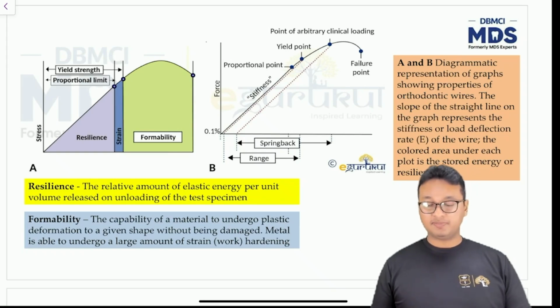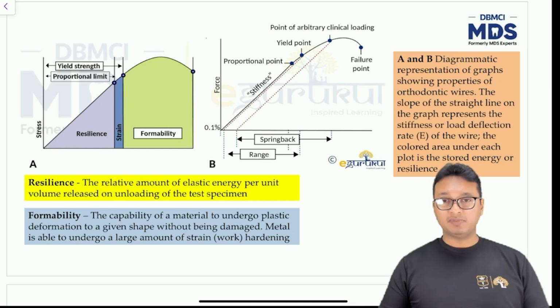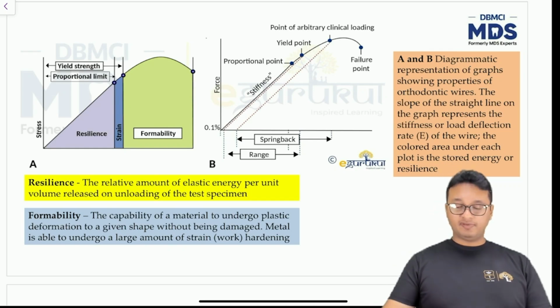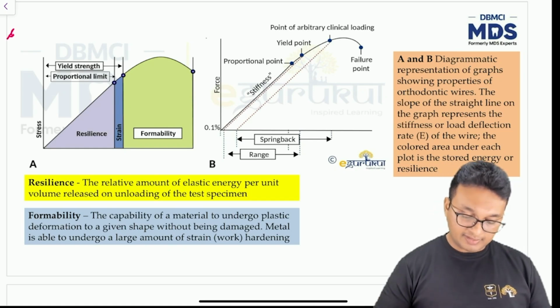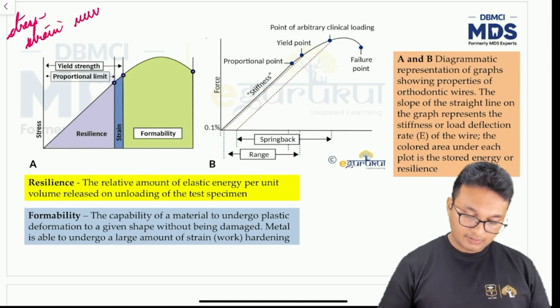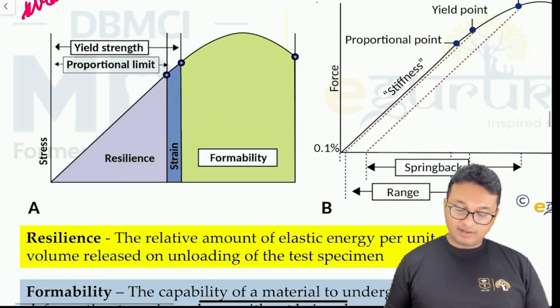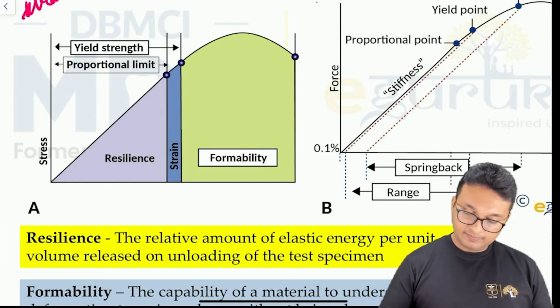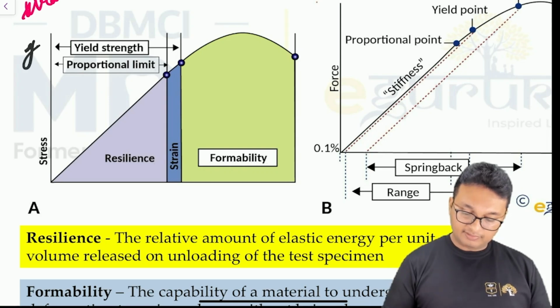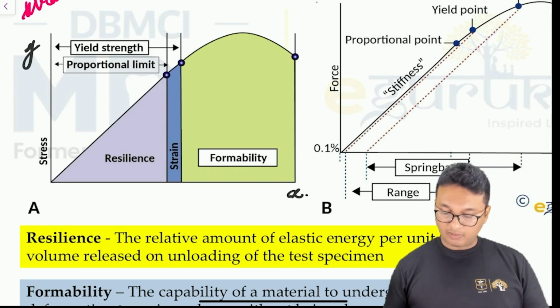I know this has been taught to you in the topic on dental materials, but still for your reference, this is something called the stress strain curve. On the y-axis we are plotting the stress, and on the x-axis we are plotting the strain.